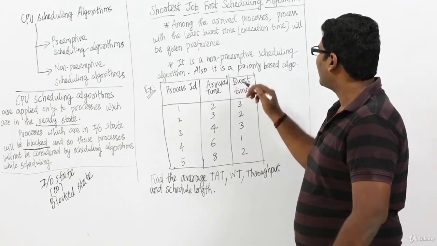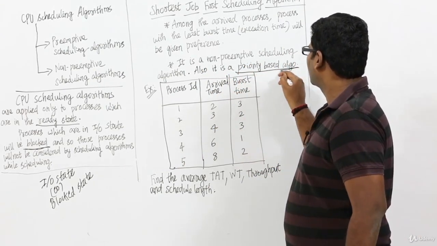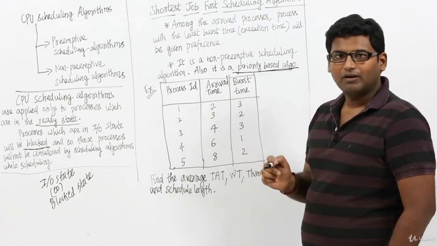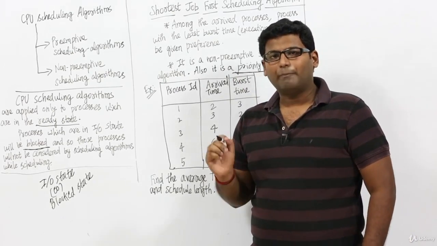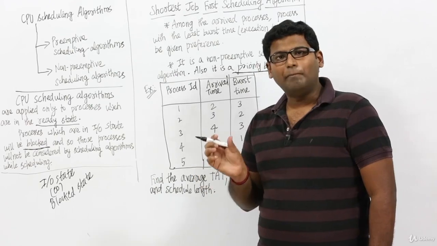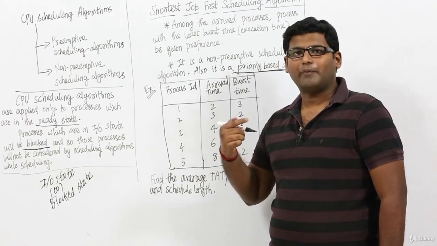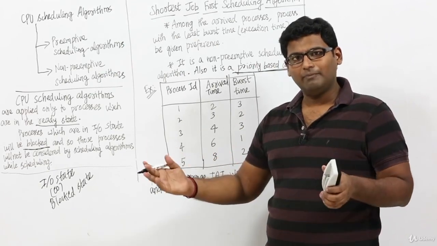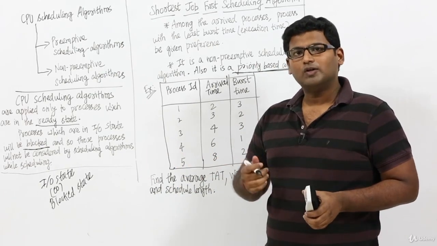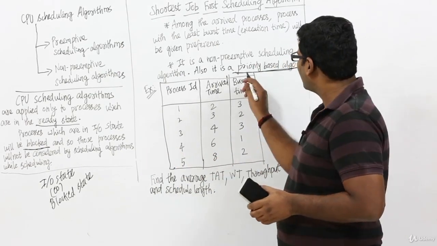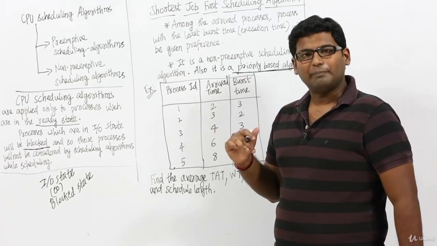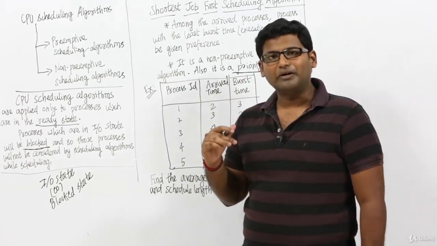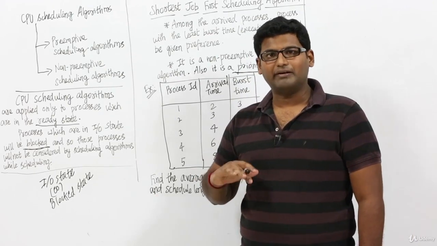Why is it a priority-based algorithm? It is a priority-based algorithm because the process with the shortest burst time will be given higher priority, whereas the process with the longest burst time will be given lesser priority. So clearly it is a priority-based scheduling algorithm. Priority-based scheduling algorithms have some disadvantages, which we will see a bit later.